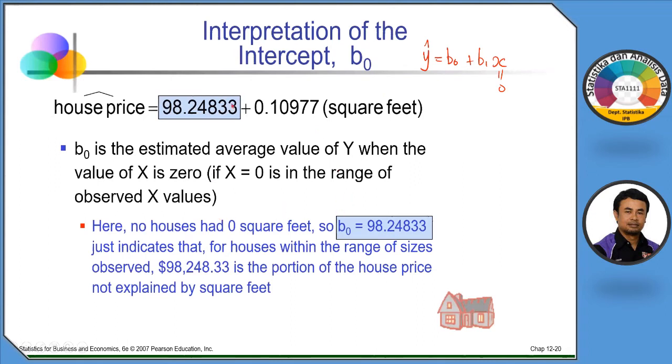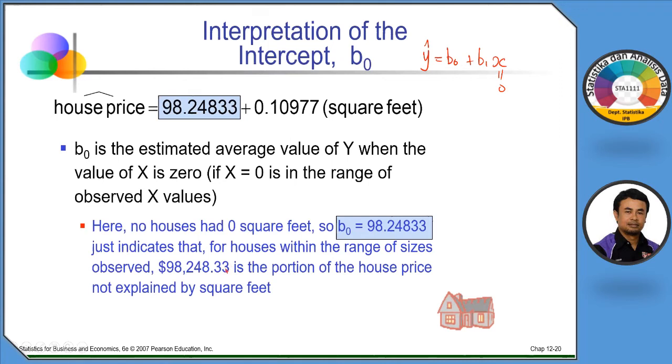In this equation, when x is equal to 0, it means there is no house, because the size is 0. So B0 is equal to 98.24.